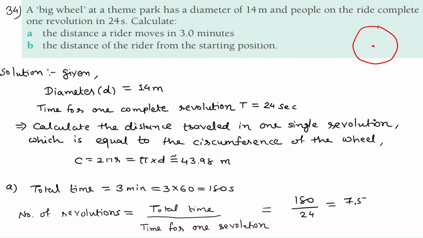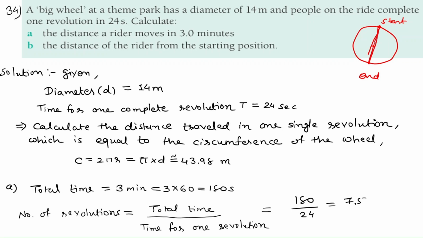One complete revolution, second, third. After the seventh complete revolution, it is here. But we have 7.5, which means half. We have to add half, and it will be here. Now, this is the starting point, and this is the ending point. So you have to find this distance.